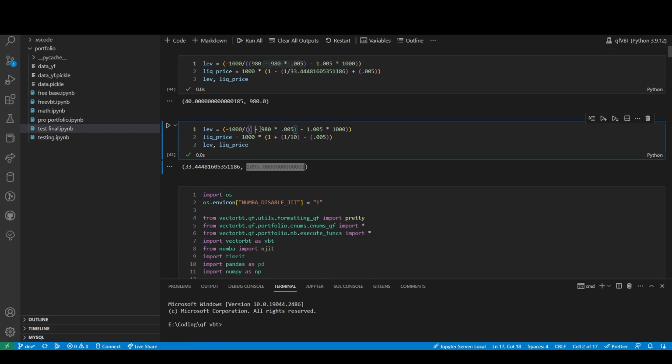So let's try to get that 1,100. And this is gonna be 0.995. Okay, well, thank God I already had this formula written down here.